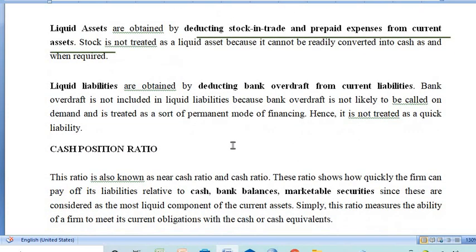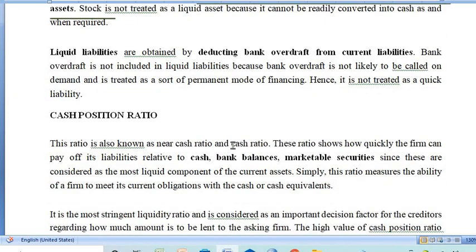The next short-term solvency ratio is the cash position ratio. This ratio is also called the near cash ratio and cash ratio. We compute this ratio to find out the relation between the cash in hand, cash at bank and marketable securities, along with the current liability.